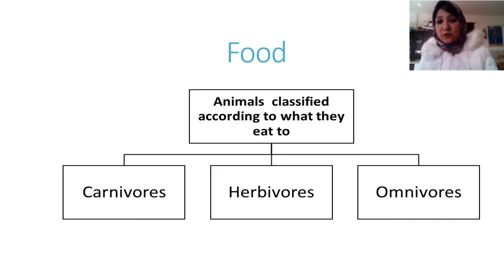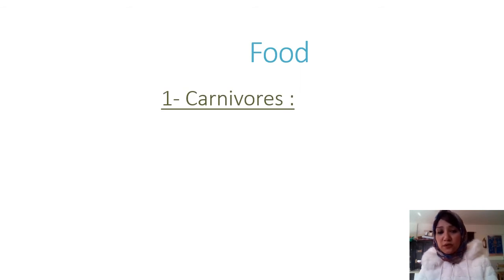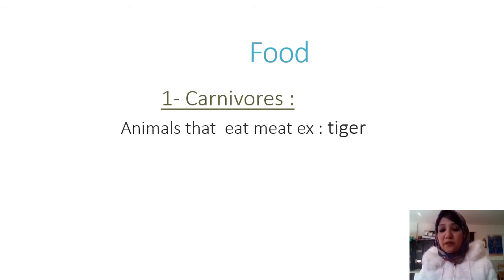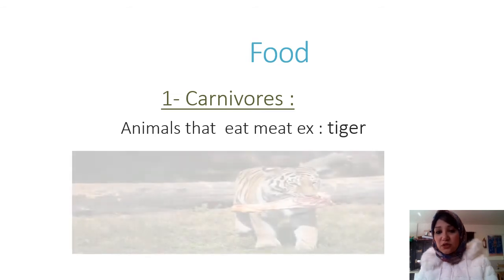What about food? Animals are classified according to what they eat into carnivore, herbivore, and omnivore. Carnivores are animals that eat meat, like tiger.